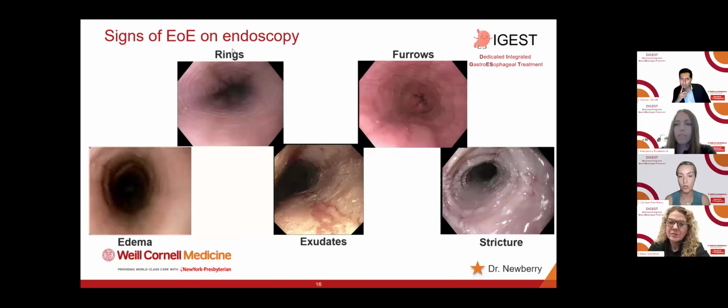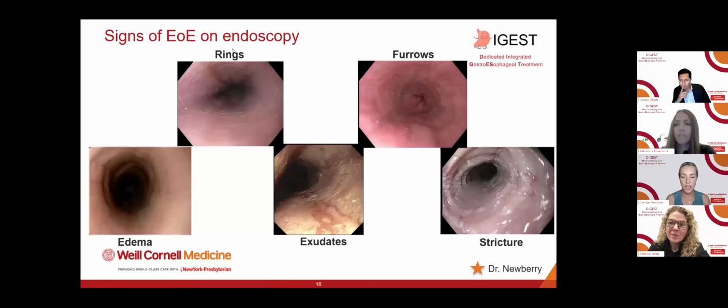So again, this is an allergic inflammation. You will see in the top right corner, the furrows, and we had shown these before. These are those vertical lines. So rather than seeing smoothness of the tissue, you're seeing these vertical lines going down the tube.